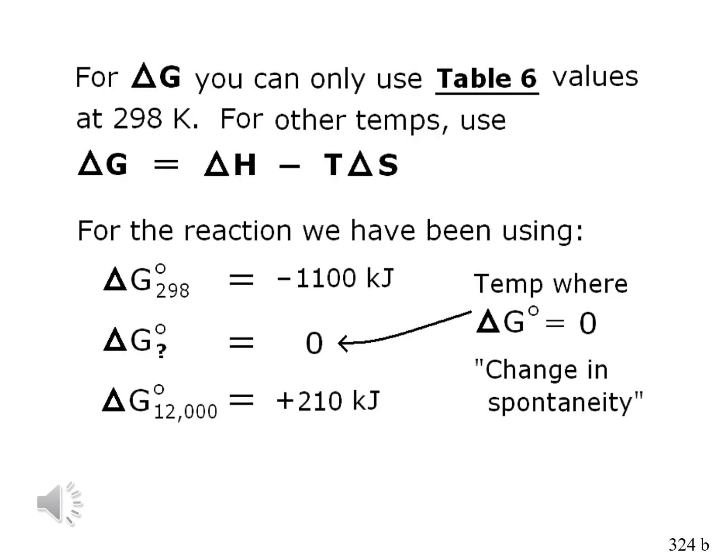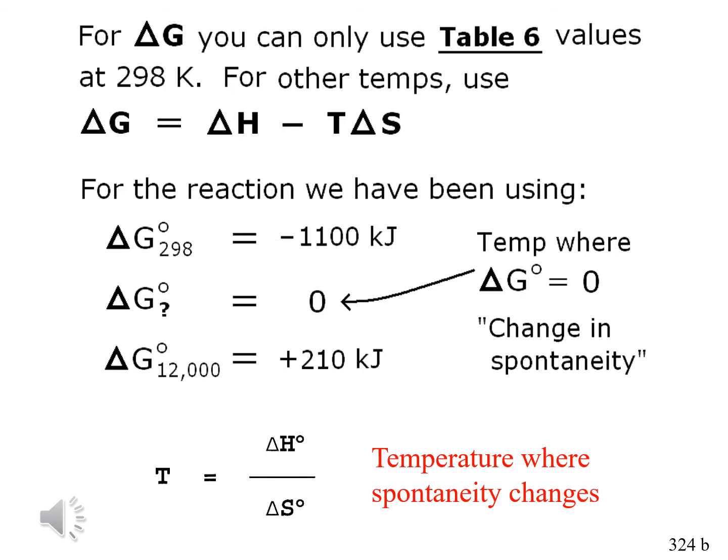The temperature where delta G is 0 is called the temperature where you get a change in spontaneity, because that's where you go from positive to negative or negative to positive. And as we said, the temperature where the spontaneity changes, which we derived, is always H over S.